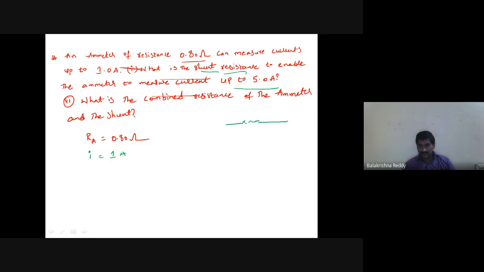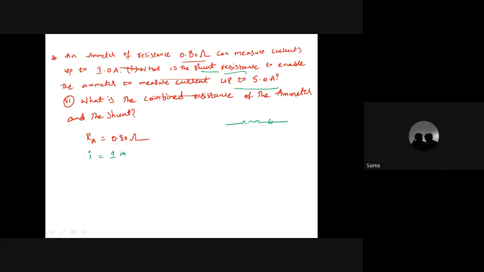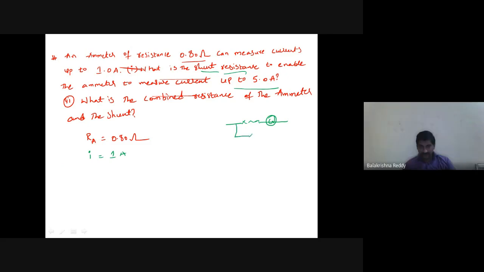This is the circuit: this is a shunt, this is the galvanometer resistance Rg, this is Ig, and this is I. The questions are: what is the shunt resistance to enable the ammeter to measure 5 amperes, and what is the combined resistance of the ammeter and shunt?